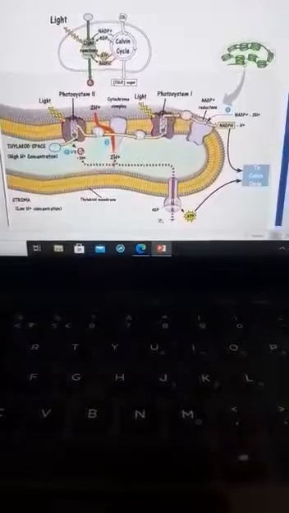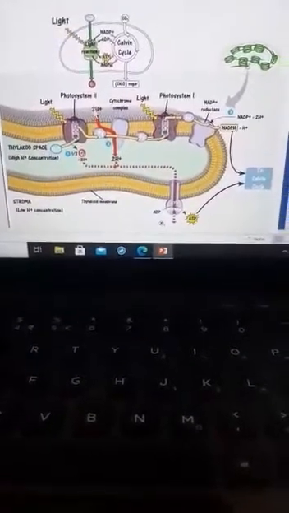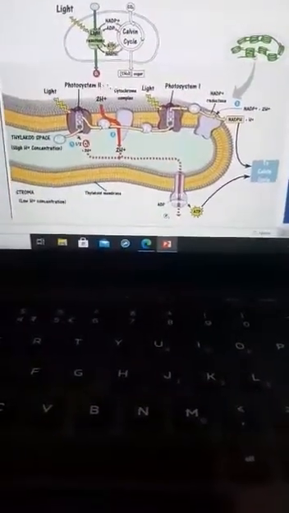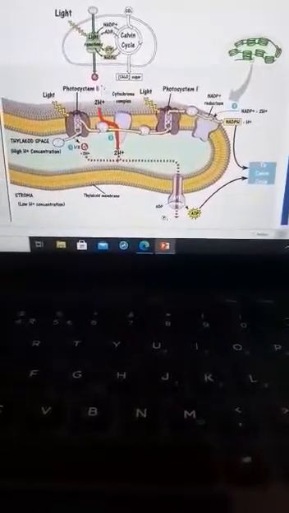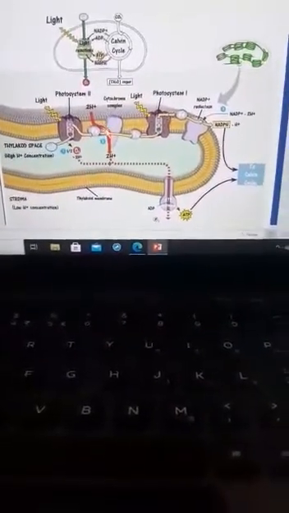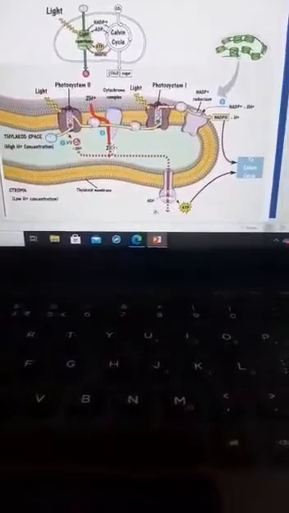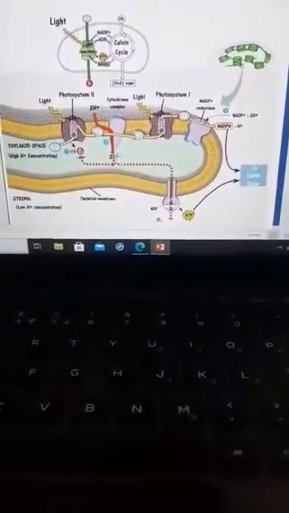So you can see the hydrogen protons being moved from the stroma matrix through the thylakoid membrane into the other side, which is the thylakoid space.